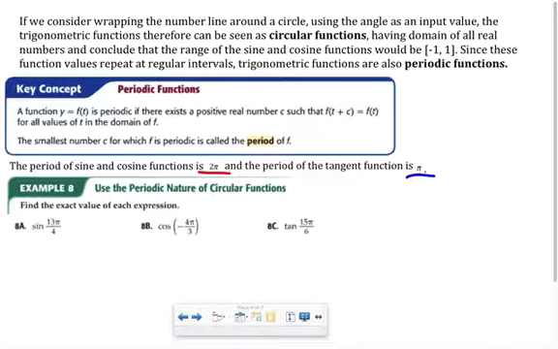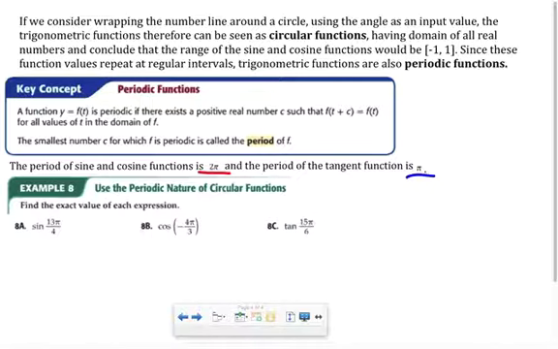So what that means is if I'm asking for the sine of 13 pi over 4, well, you don't see 13 pi over 4 on your reference sheet unit circle. But 13 pi over 4 is equivalent to, because it is also coterminal to, the angle that I get when I subtract 2 pi away from 13 pi over 4.